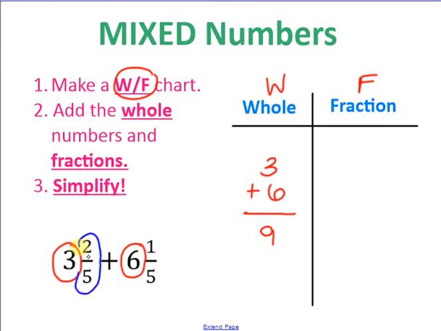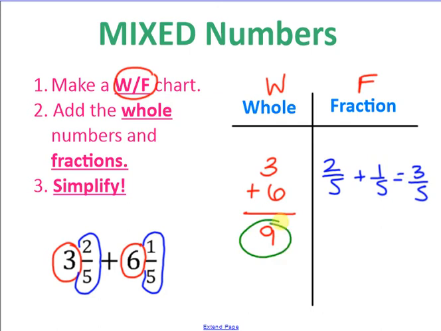So you have 2/5 plus 1/5 equals 3/5. And so you're done with that. Now you put them together. 9 and 3/5. And so your answer is 9 and 3/5. So a WF chart makes it very, very simple.